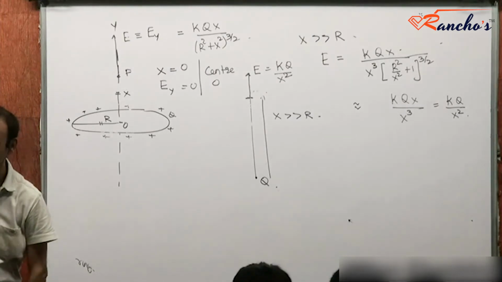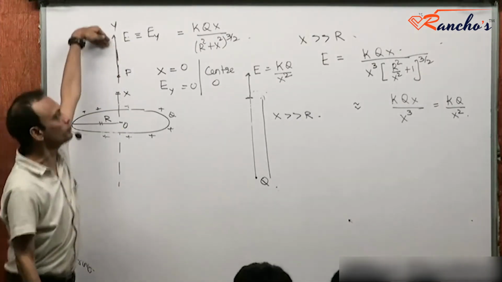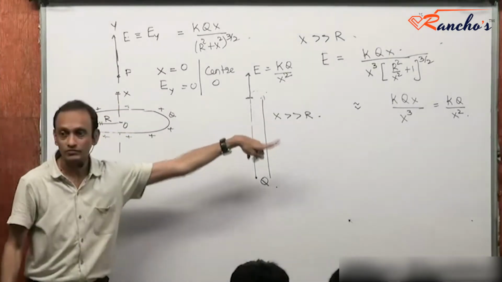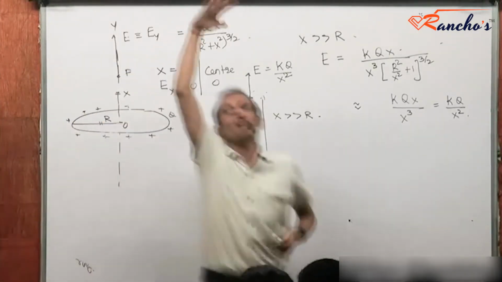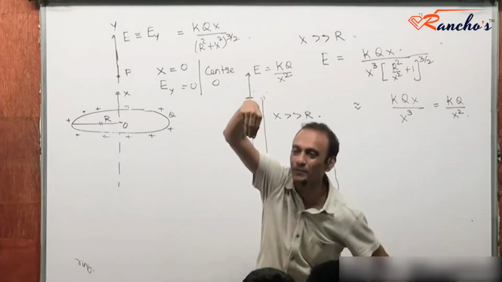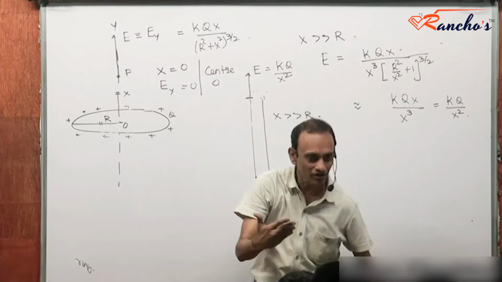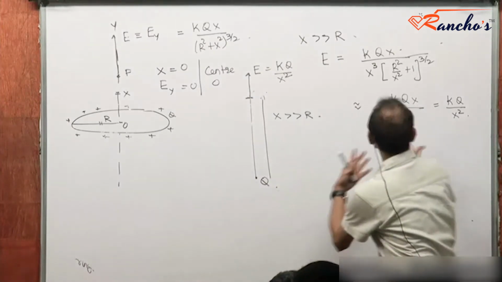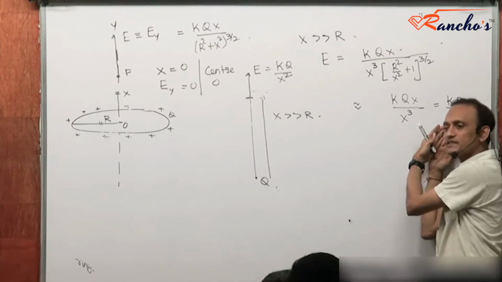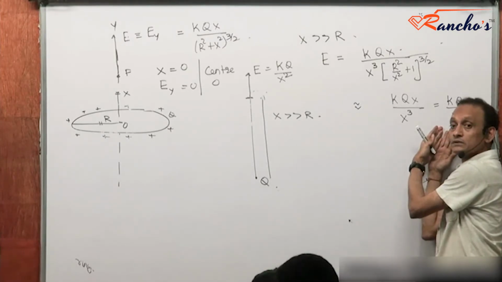If you move along the axis of a ring, this entire thing behaves like a point charge, which is what you expect. If you're very far away from the ring, this whole thing will look like a point. Think about it. So that behavior is reflected in this approximation.